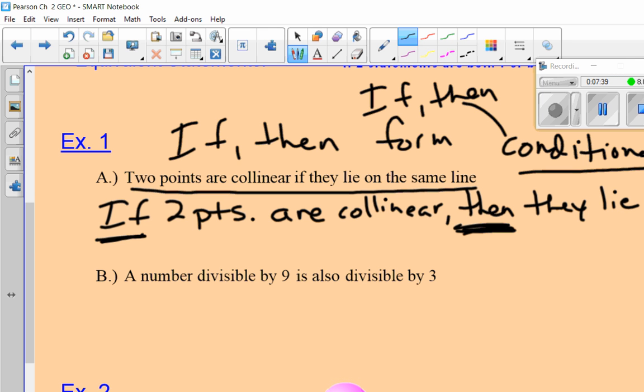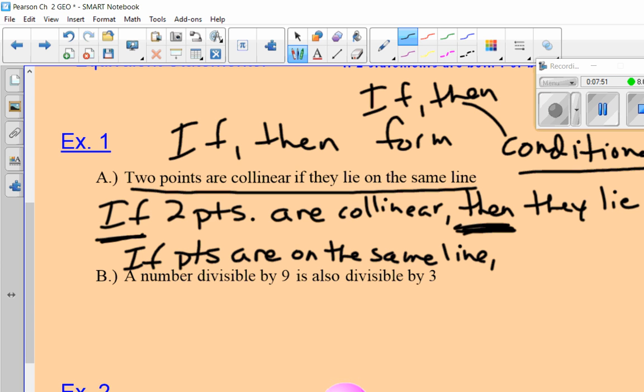I could have flipped the order: if points are on the same line, then they are collinear. I could have said that too, but I put it in if-then form.